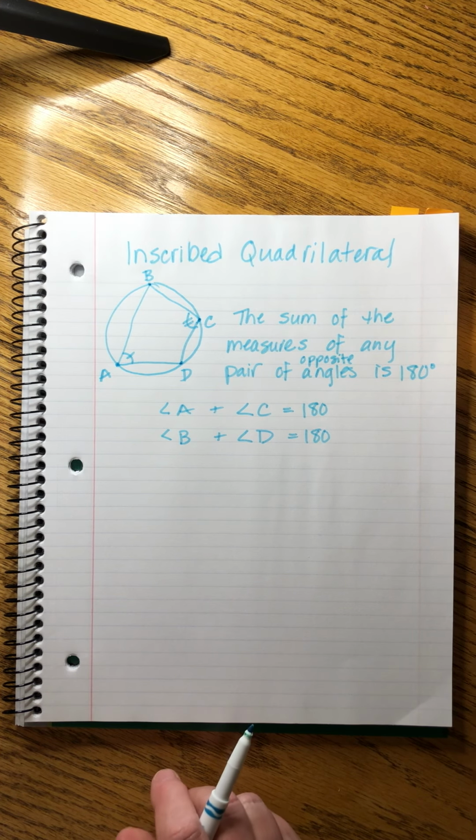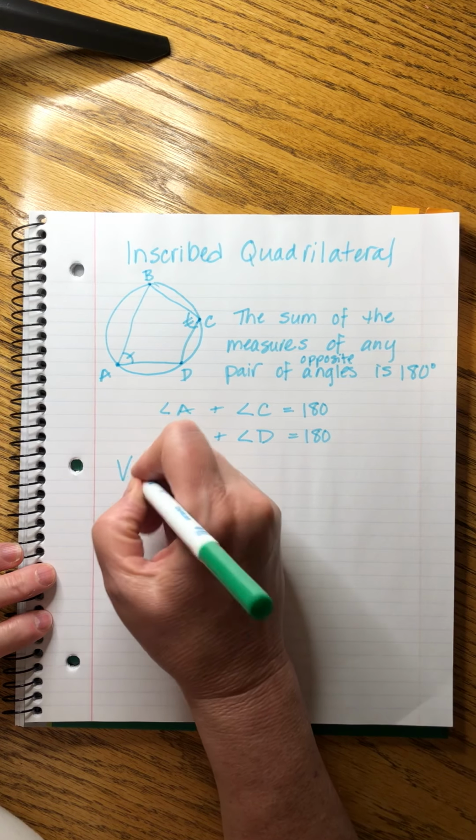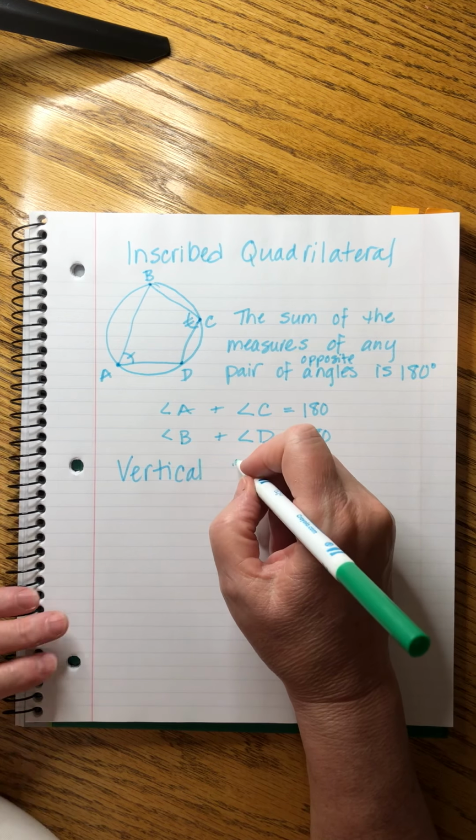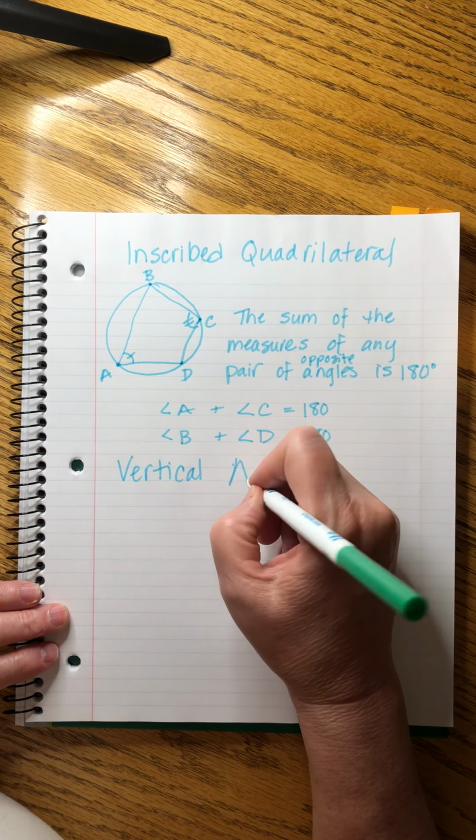Okay, and then here's another one, vertical angles in a circle.